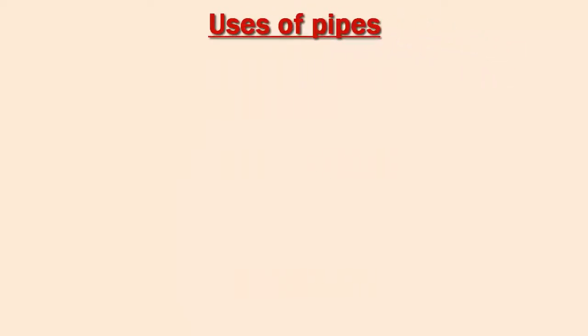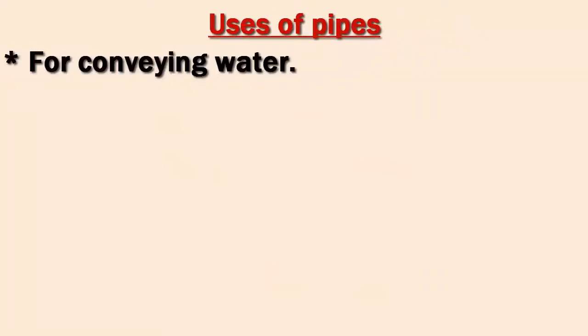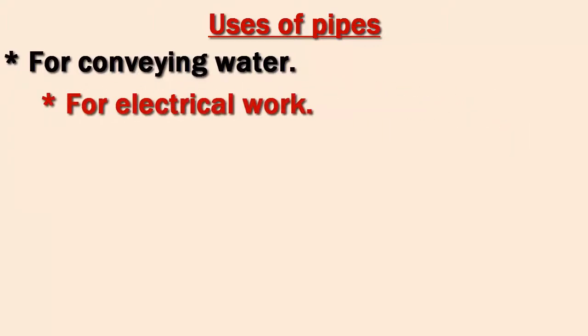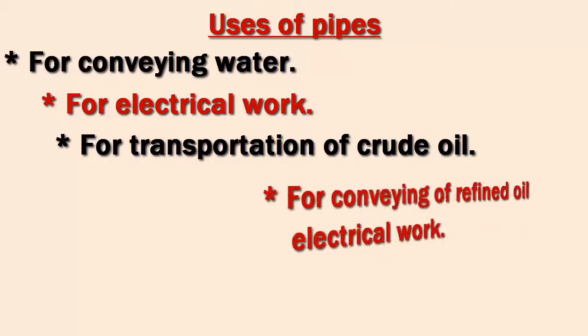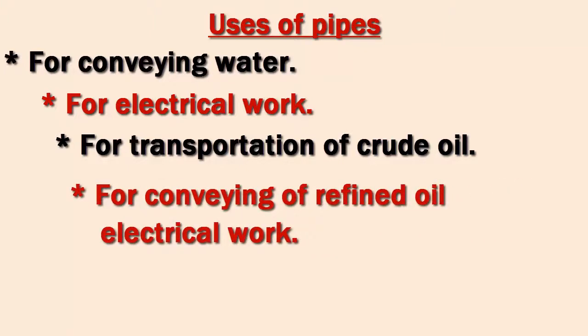When we talk of pipes, a pipe is not only used for conveying water to our homes. You can use pipe for electrical work. We use pipe for transportation of crude oil. We use pipe for conveyance of refined oils. We use pipe for water distribution and so many other places.